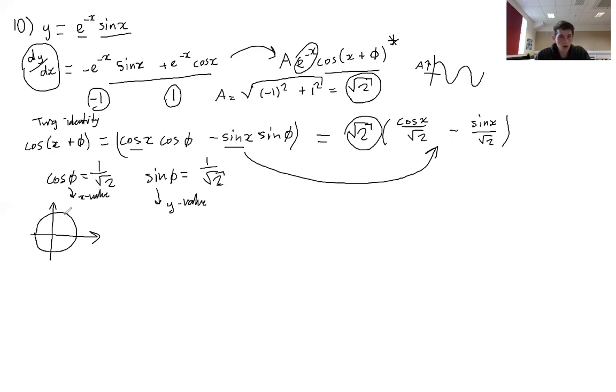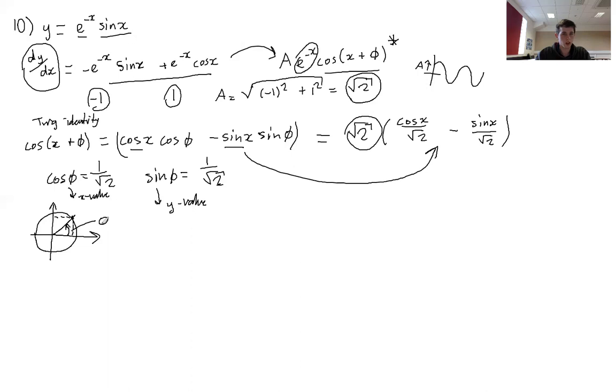So if we plot our y value first, 1 on root 2, this is going to be the y value, and the x value, 1 on root 2, is actually the same, so it's up here, and we can draw a line like this.